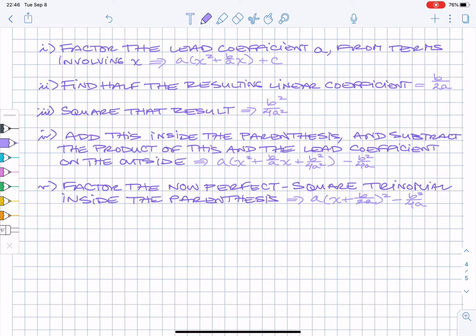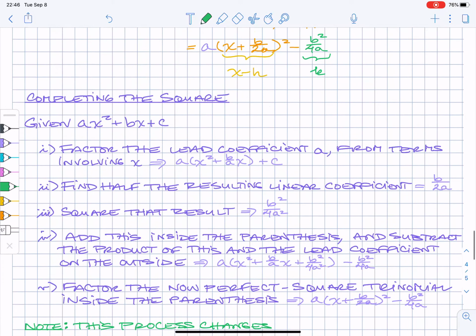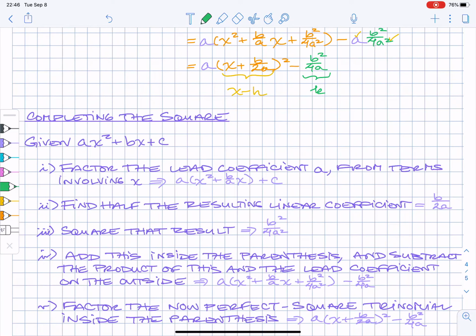Okay. So, let's note something interesting about that. Note this process changes, well, what is the form ax squared plus bx plus c?